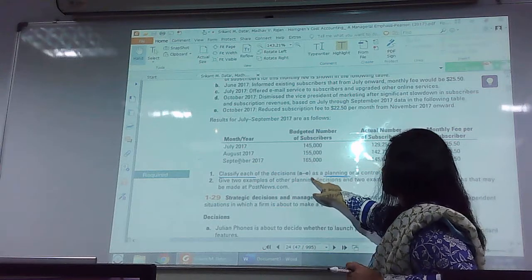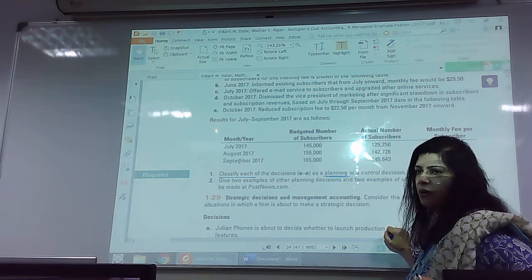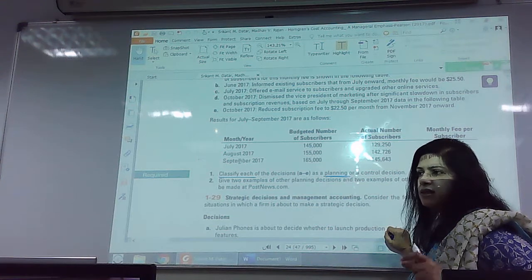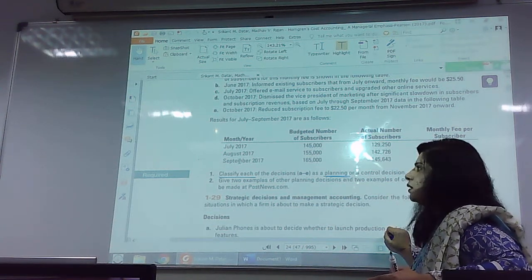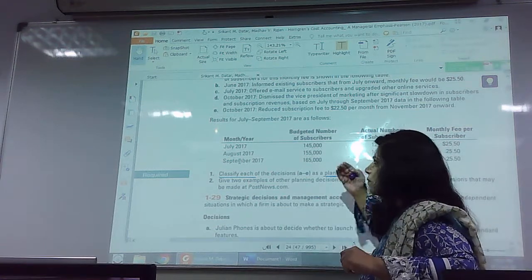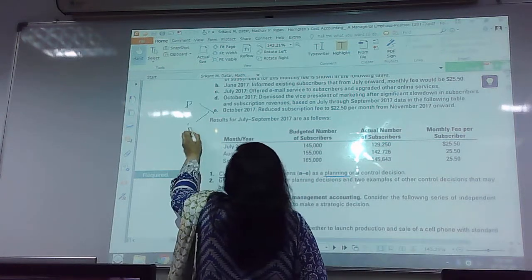But when you classify it, just remember that for part A, for instance, when they had decided upon a fee or they imposed that fee, you can just say which one of the decisions was a planning one or which one could be a control one in part A. For part B, again, each part would have a planning and a control decision.